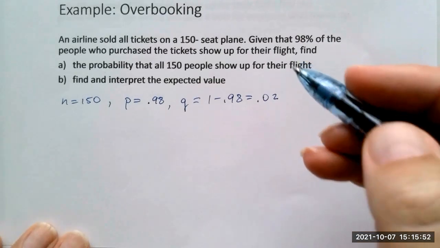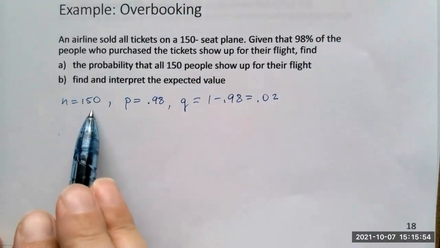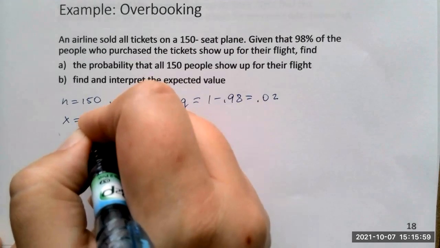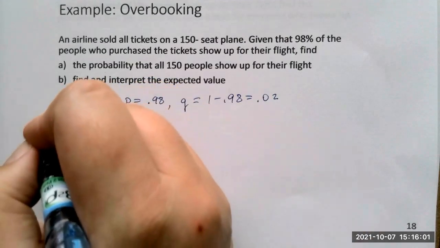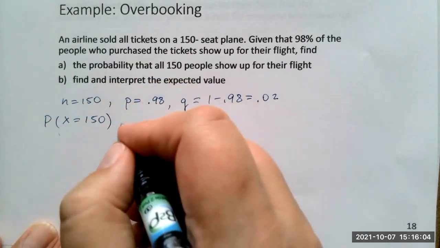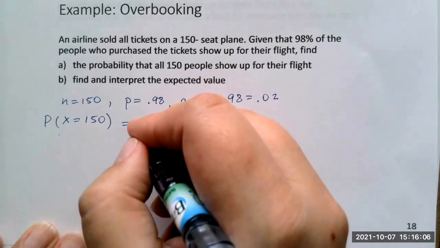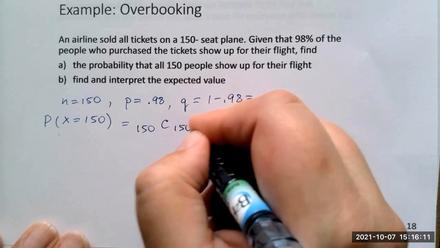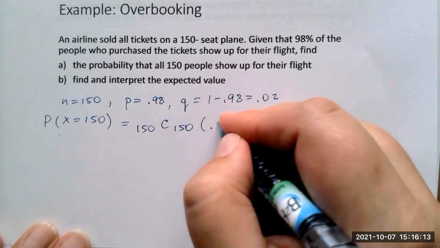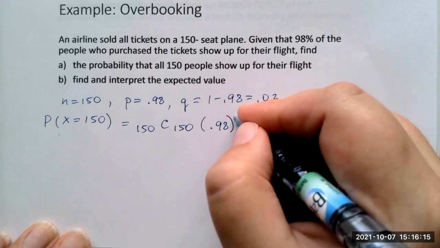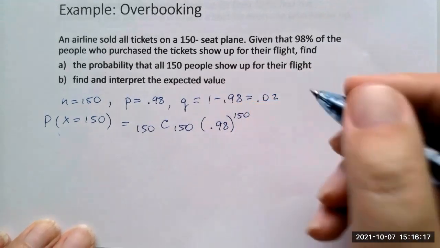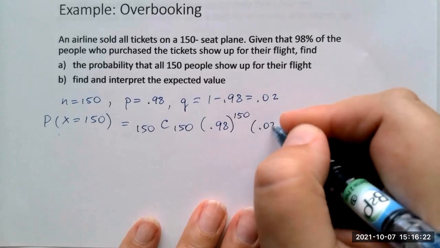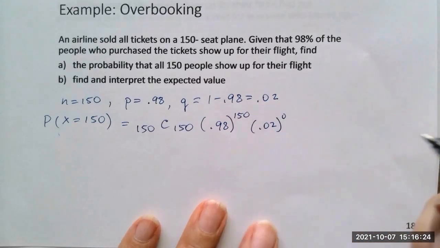So to figure out the probability that all 150 will show up, we're gonna do the nCr formula, 150C150, multiplied by the probability of success to how many successes we observed, times the probability of failure to how many failures we observed.